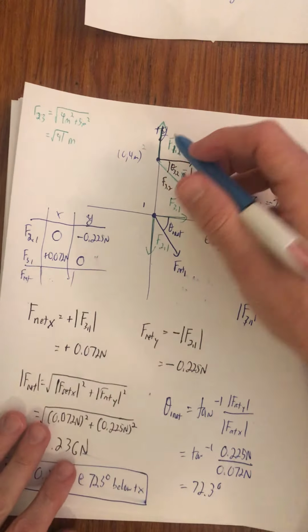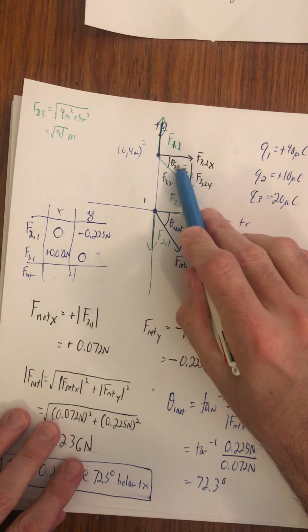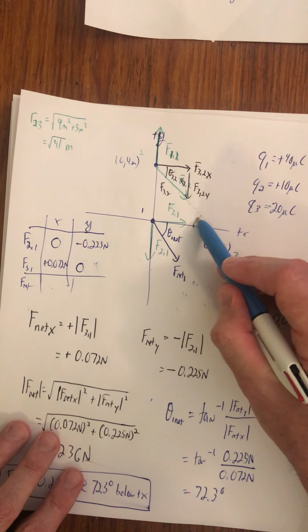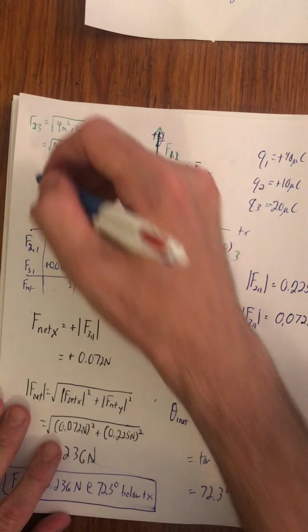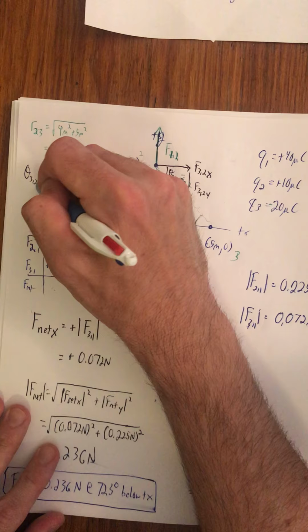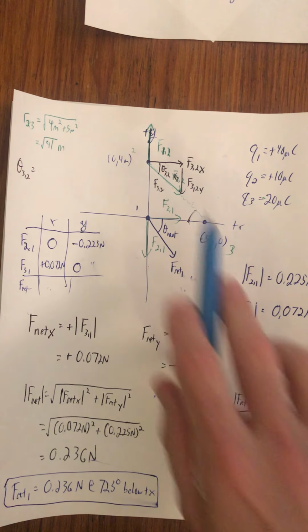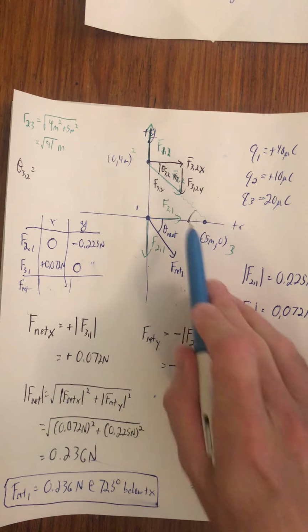I can get this from the geometry. If you notice, this angle here is alternate interior with this angle here. And that would mean that theta 3 on 2 has got to be, and this is how you do it always, folks, for these types of problems. You just have to recognize what angles you need and then do the coordinate geometry to work, right?